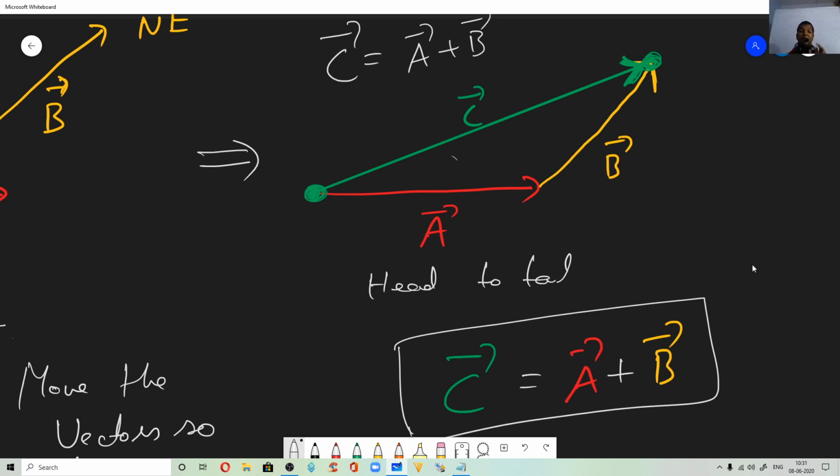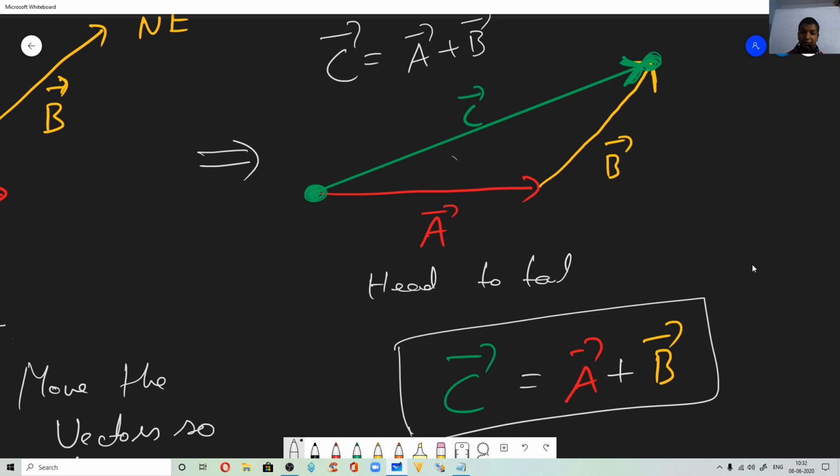Now we have got vector C. The length of vector C gives the magnitude of the sum of vector A and vector B. Now what is the sum of vector A and vector B given as? Vector C. If you can find the length of this vector C somehow, that will give you the magnitude of the vector sum of A and B.